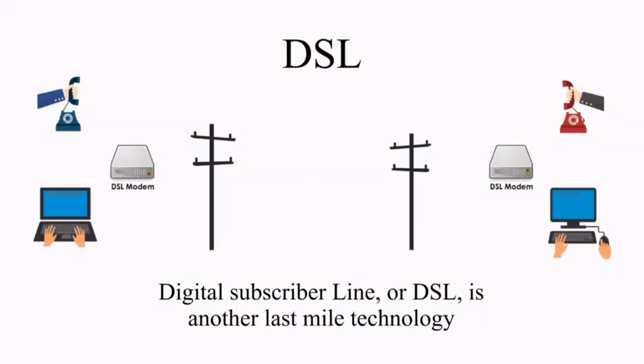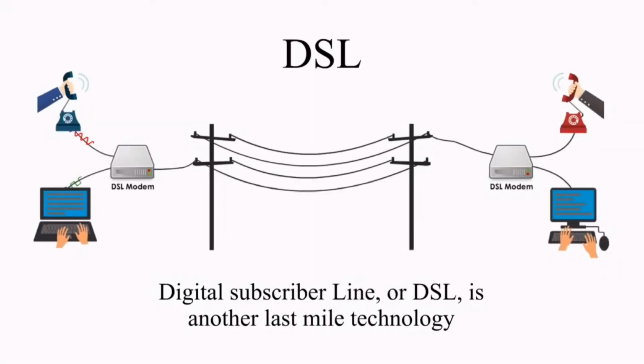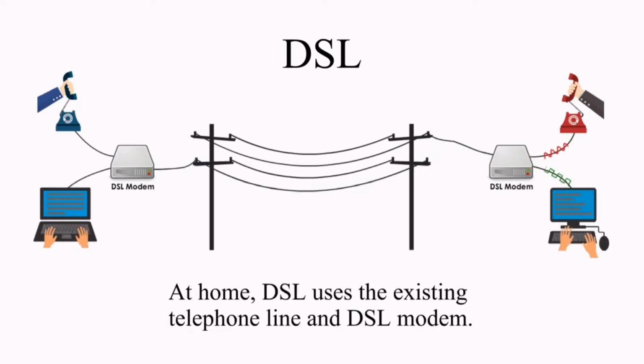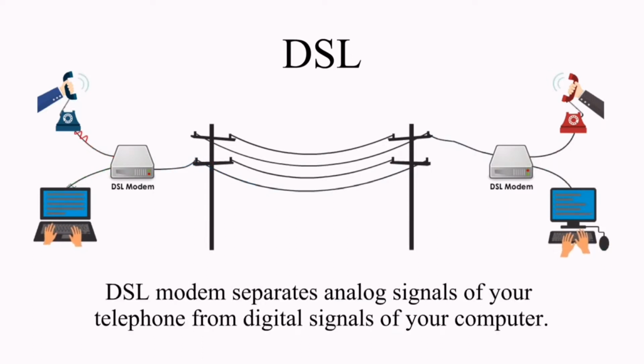Digital Subscriber Line, or DSL, is another last-mile technology that transmits data faster over traditional PSTN lines. At home, DSL uses the existing telephone line and a DSL modem. The DSL modem separates the analog signal of your telephone from the digital signals of your computer.